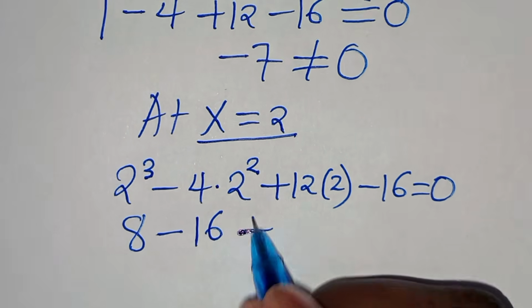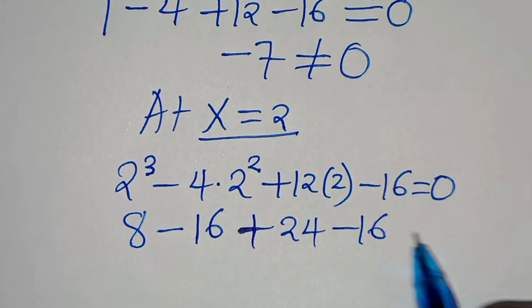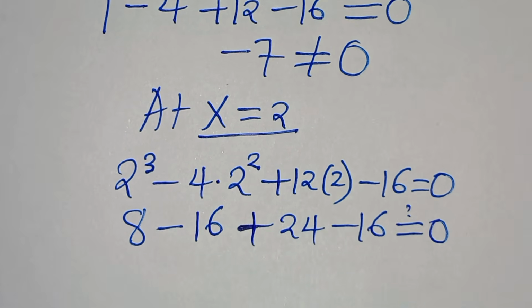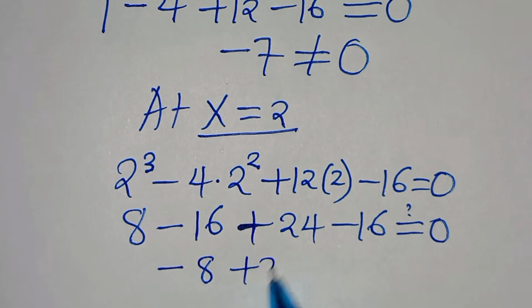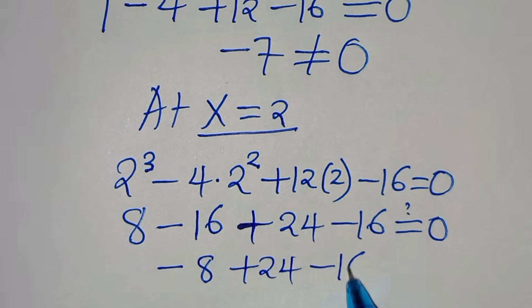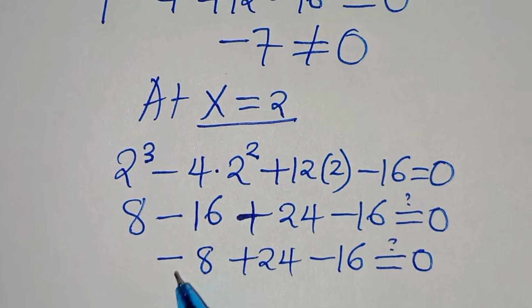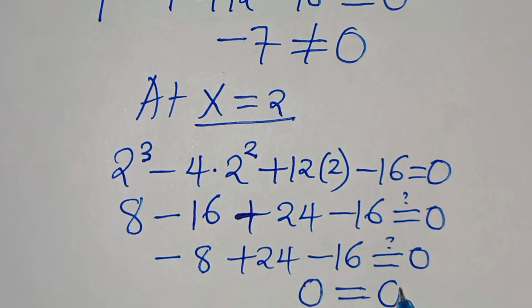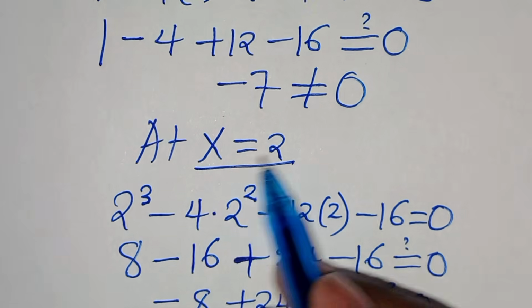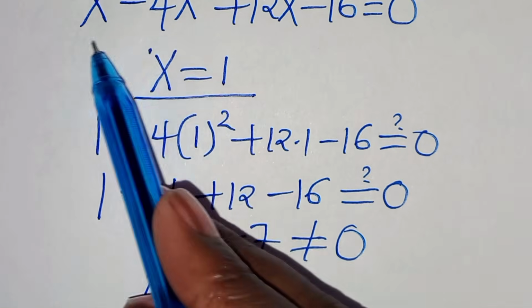This is plus 12 times 2, this is 24, minus 16. Let's check if this is equal to 0. 8 minus 16, this is minus 8 plus 24, this is 16, minus 16, and this is equal to 0. So this means that x equal to 2 is one of the roots of this cubic function here.